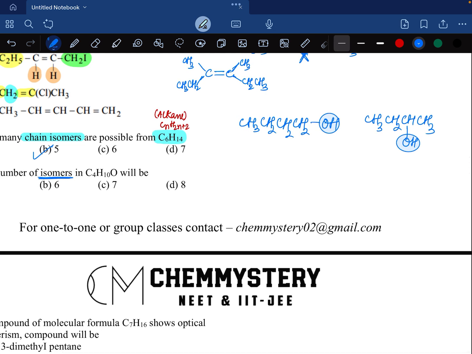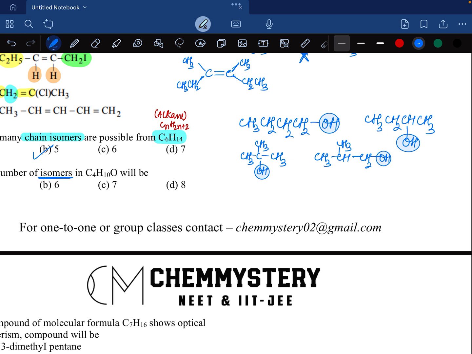I can change the main chain to 3 carbons. How? CH3, C, CH3, and to this I attach CH3 and OH. Okay. With 3 carbon atoms, can I change the position of OH? How? CH3, CH, CH3, CH2 and OH.